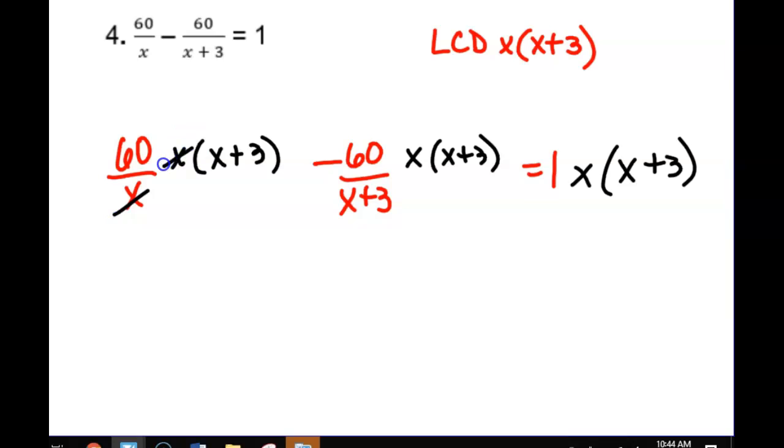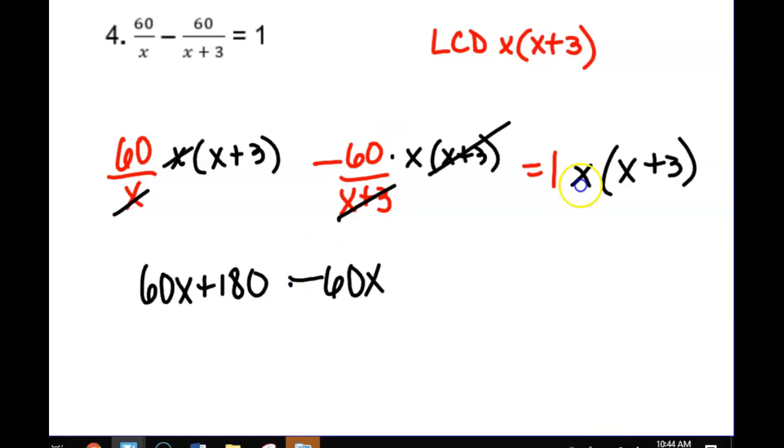This x divides out. Can someone distribute for me? Okay, here the whole x plus 3 drops out, so what do I have? And over here, nothing cancels.